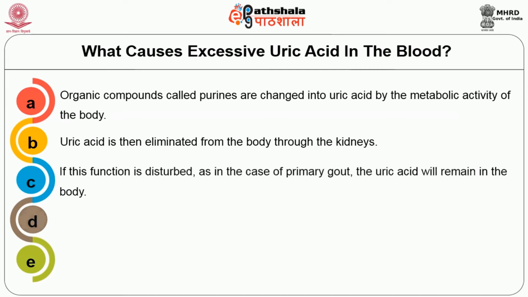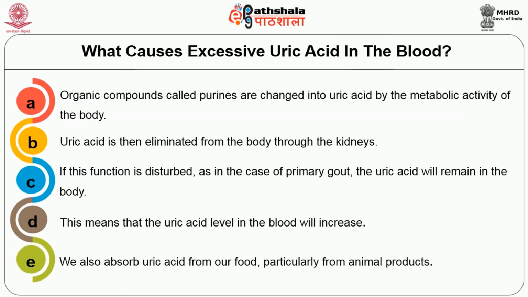If this function is disturbed, as in the case of primary gout, the uric acid will remain in the body, and this means that the uric acid level in the blood will increase. We also absorb uric acid from our food, particularly from non-vegetarian, that is animal products.